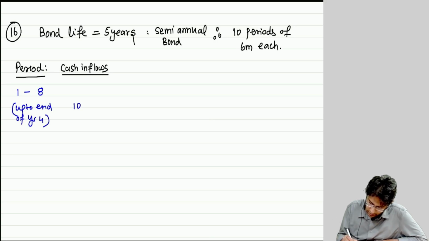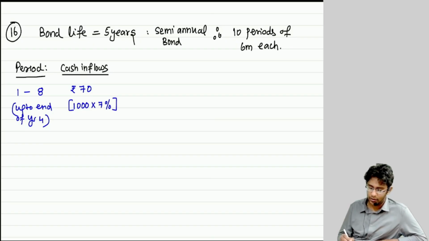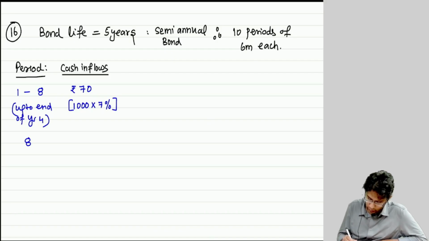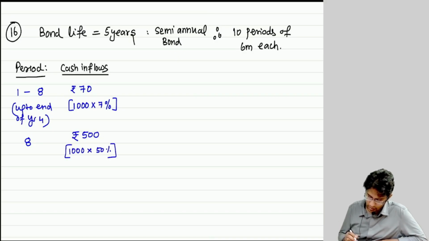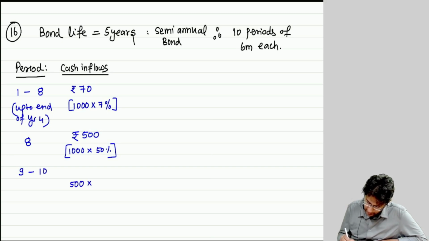Your coupon amounts are 1000 into 7%, which is equal to 70. Next, at the 8th period ending, you have a principal payment of 500, which is 50% of 1000. Then periods 9 and 10 have payments of 500 into 7%, which is how much, sir? 35, correct. In the 10th period you will get another 500.